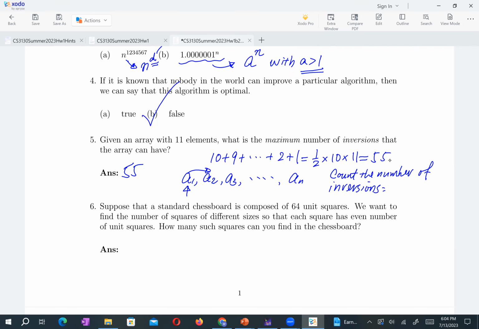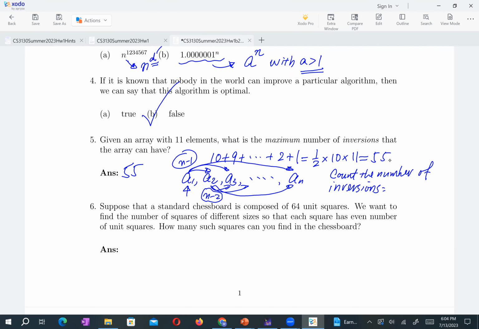Treat it as the anchor. Starting with the first element, we count all the possible pairs, so that is n minus 1. Then with the second element as the anchor, we count all the possible pairs, n minus 2, and so on.